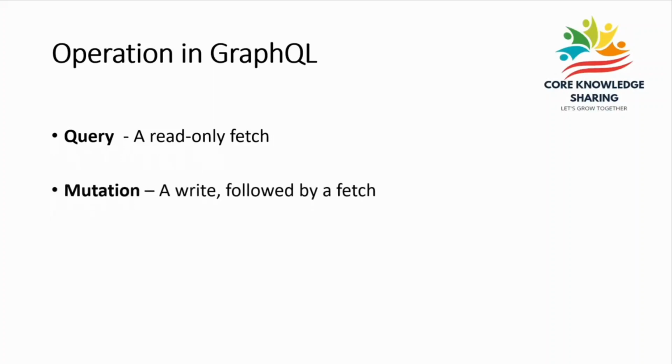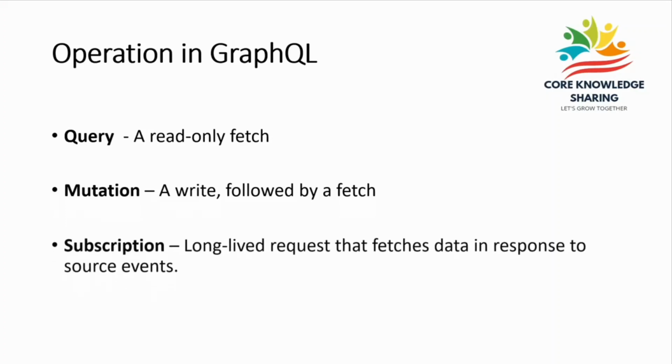And we have mutations also, and mutations are used to write data to our data store. And we have one more operation in GraphQL that we call a subscription. A subscription type is a type of operation that allows you to establish and manage a real-time connection to the GraphQL server.